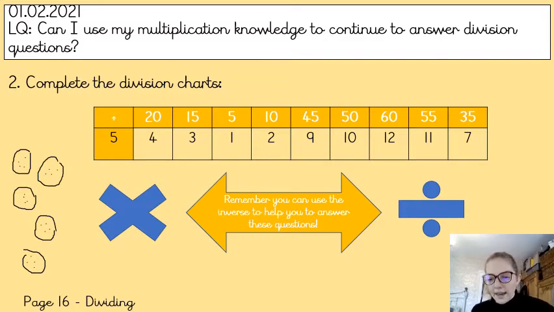So you could use grouping to help you, so that the drawing of the circles and putting your dots in is called grouping. I did 5 circles because I know it's the 5 times table, and then I counted until I got to 20, and I can see in each circle I've got 4, so therefore 5 goes into 20 4 times. If that's easier, do it that way, please. There's no right or wrong way of getting to your answer as long as you get the answer right.